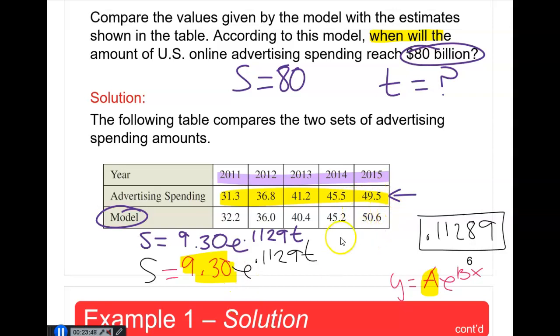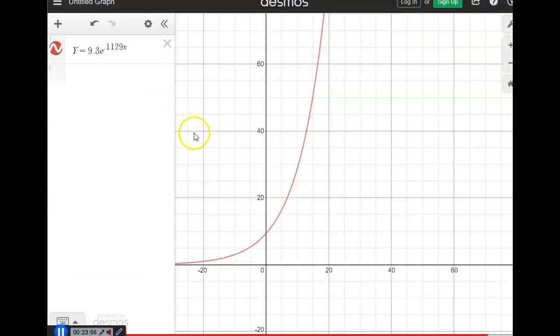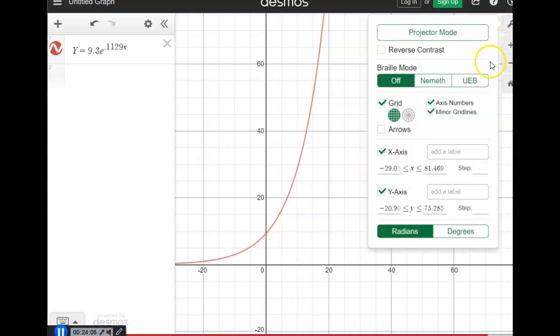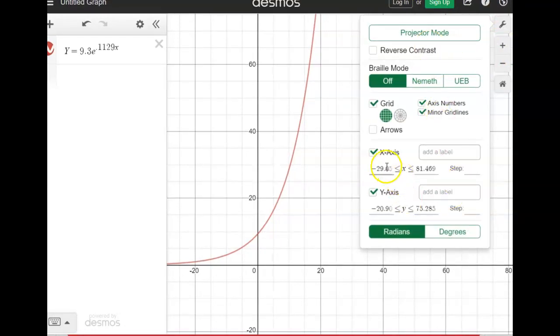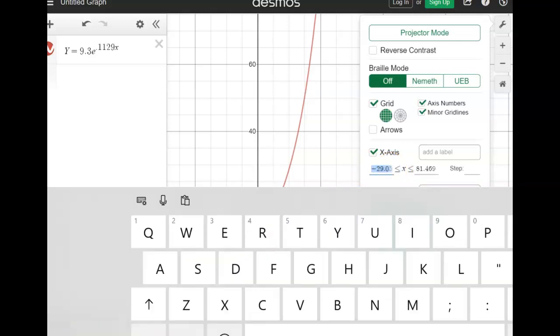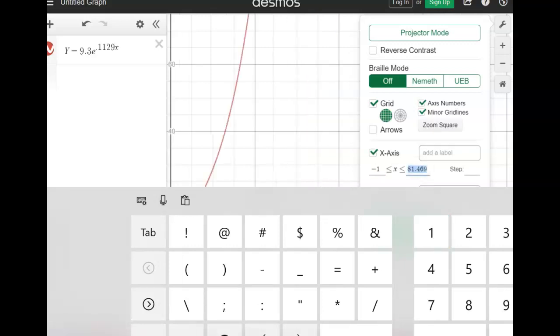So what I did is I typed the equation for the model into Desmos. And so we have the graph here. And just to give you a better image, we're going to go to graph settings, which is the little wrench. And we're going to change the x-axis. Let's try from -1 and let's switch this to 25.